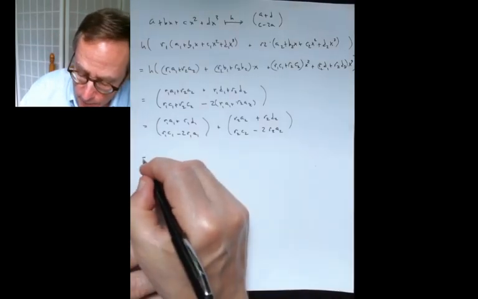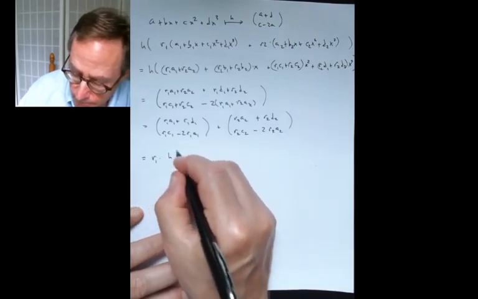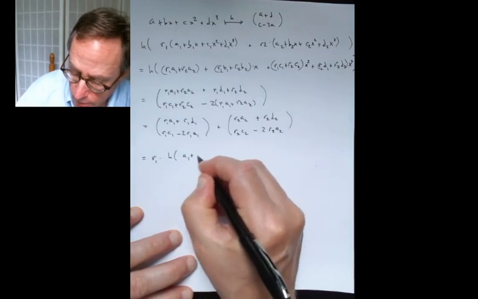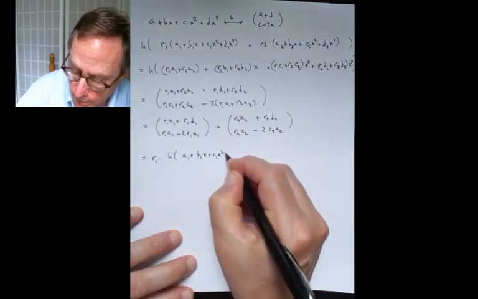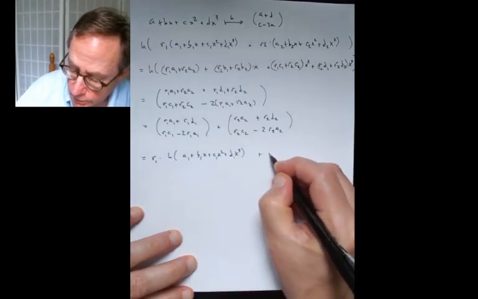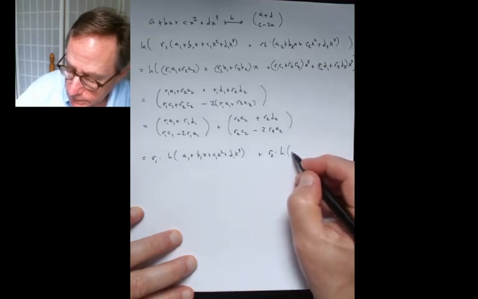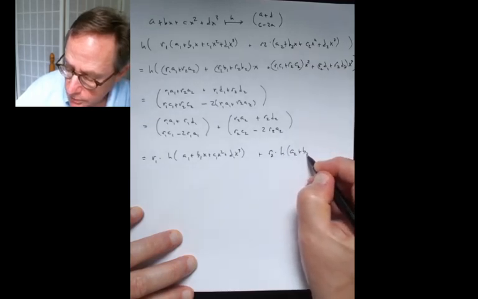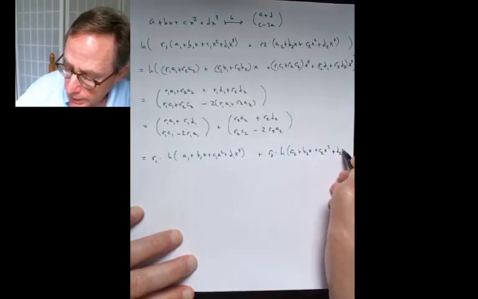Okay, and then we recognize this as r1 times h of the first, a1 plus b1x plus c1x squared plus d1x cubed, plus r2 times h of the second, a2 plus b2x plus c2x squared plus d2x cubed.